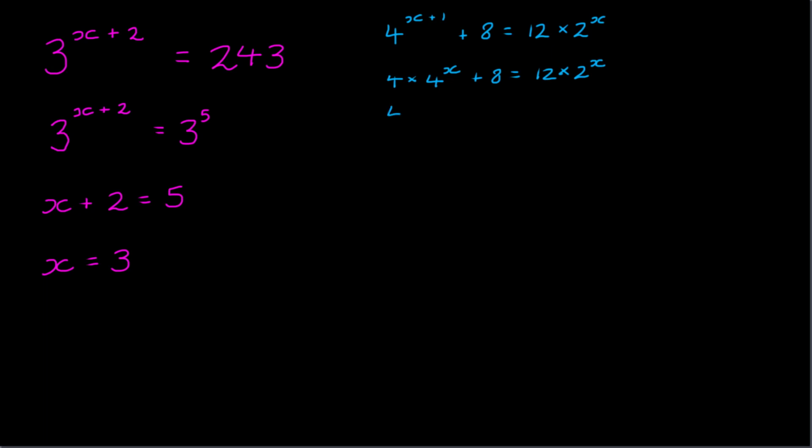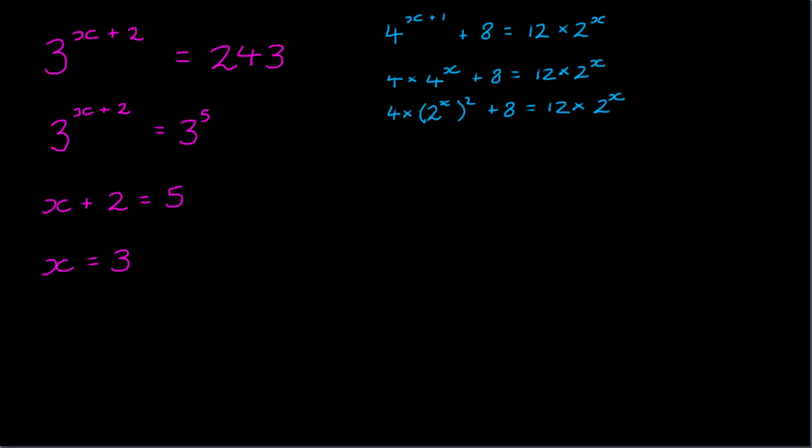And then we're going to write this as 4 lots of 2 to the power of x all to the power of 2, because that gives us 2 to the power of 2x, which is the same as 4 to the power of x, plus 8 equals 12 times 2 to the power of x.